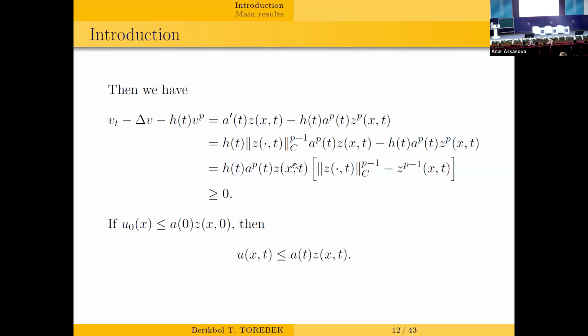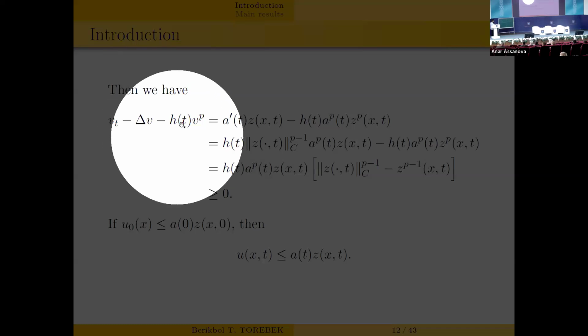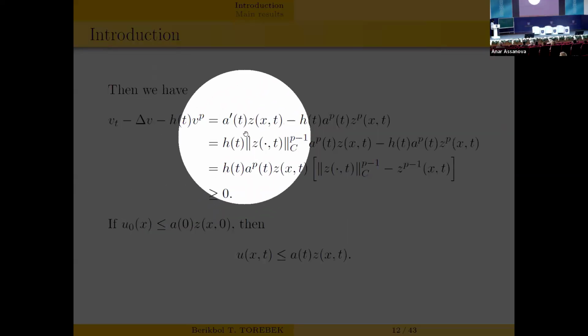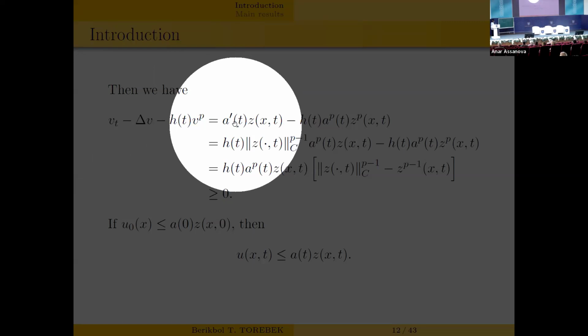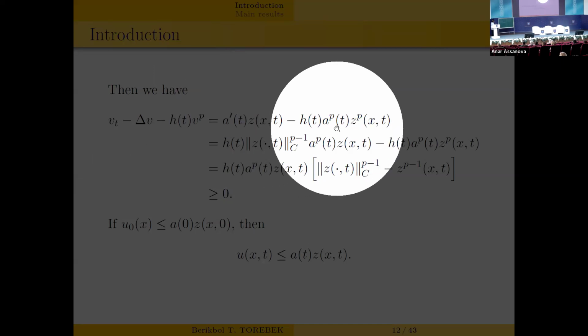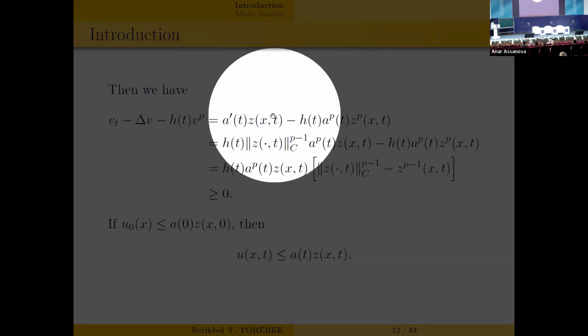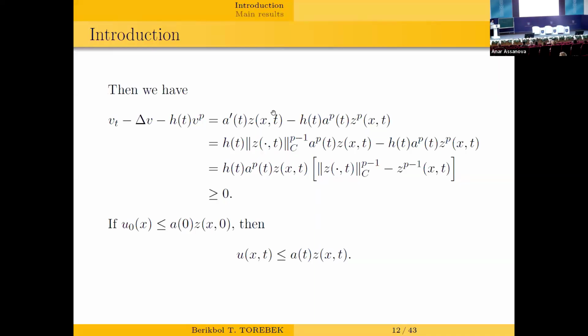Then we calculate the function v. We put v into the equation, and from here we get the first order derivative of a(t) times z, minus h(t) a to the power p times z to the power p. Because if we apply the heat operator to the function z, it equals 0, since it is a solution of the linear heat equation.